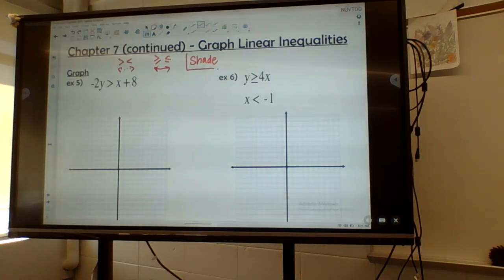So we need to shade a side of the line. This is where we use highlighters or color part of the side of the line. We shade the side that works. And I want to remind you guys that when you multiply or divide by a negative, we have to flip the inequality.